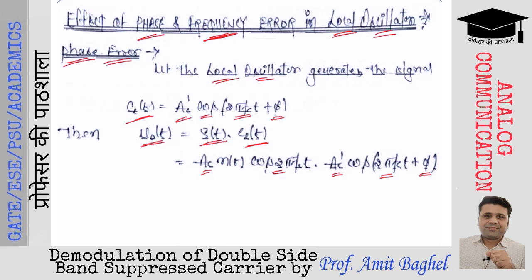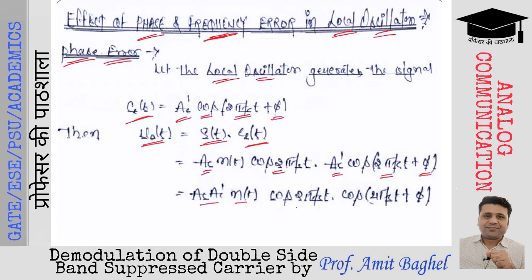Now, let us rearrange these terms as Ac Ac dash m of t cos of 2 pi fct multiplied with cos of 2 pi fct plus phi. Now, we can simplify this with the same formula which we have seen earlier, and the formula is 2 cos A cos B equals cos of A plus B plus cos of A minus B.